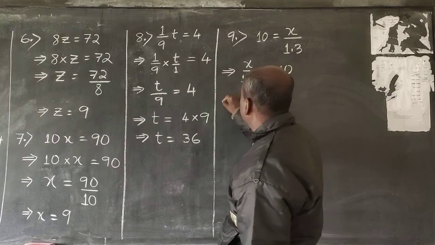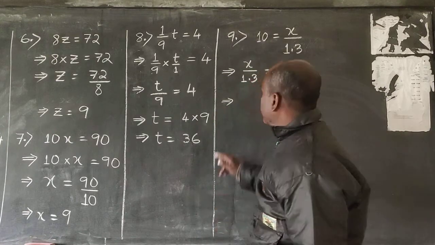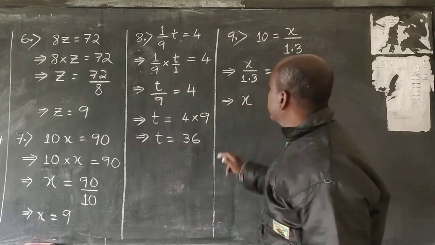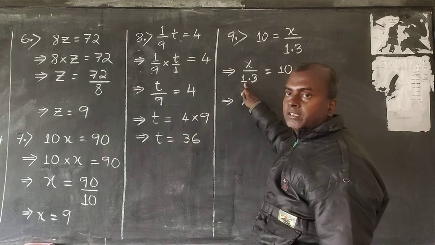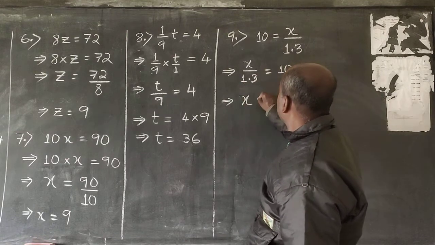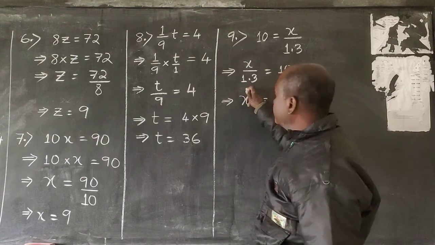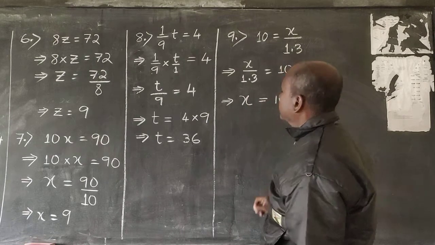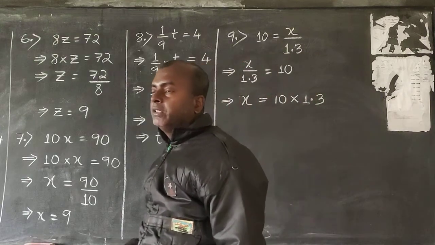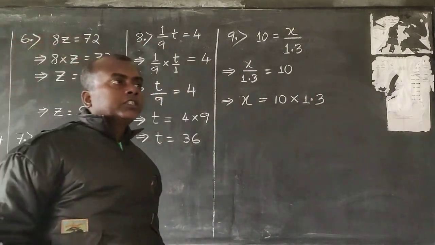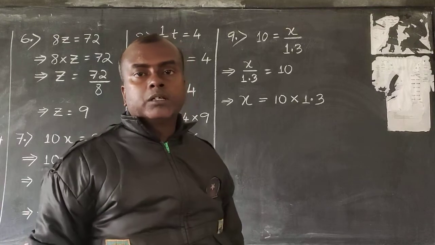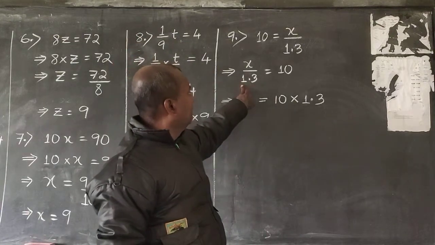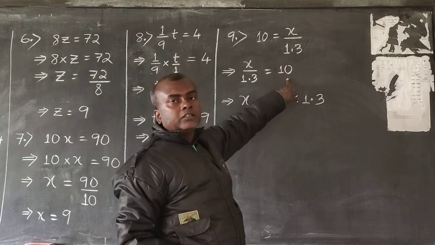Now it's very simple. X is the variable. To isolate x, divided by 1.3, this 1.3 will go on the other side, and from denominator position it will assume numerator position. From denominator to numerator. You must have heard this term called cross multiplication. This is the same thing we are doing. We are cross multiplying 1.3 from this side to this side.